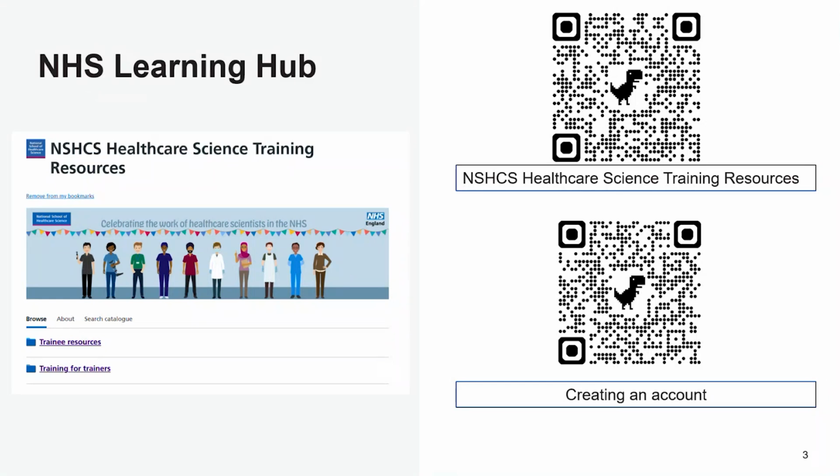So explore those. We've got ones around reflection, but also resources about all sorts of things, from action planning, target setting, planning for your learning, all sorts of things to give you some hints and tips around that.